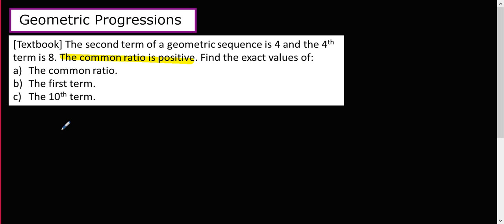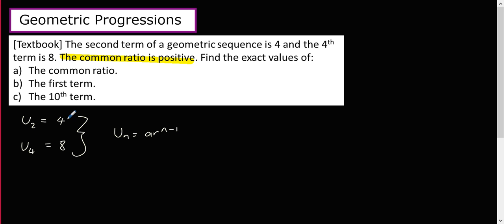So the second term of a geometric sequence is 4. So u2 is equal to 4. The fourth term is 8. So u4 is equal to 8. Now we know that for any geometric sequence, un is ar to the n minus 1. So what we're going to do is use that kind of in reverse.